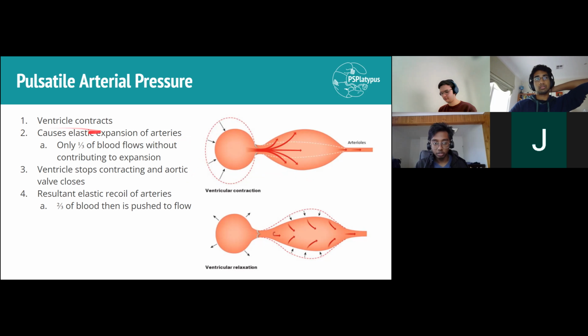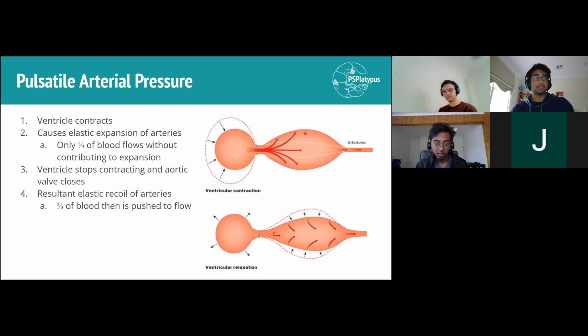So when the ventricle contracts, only 1/3 of the blood flows directly through the arterioles or the arteries, and 2/3 of the blood flow actually contributes to pushing on the walls of the artery and expanding it.